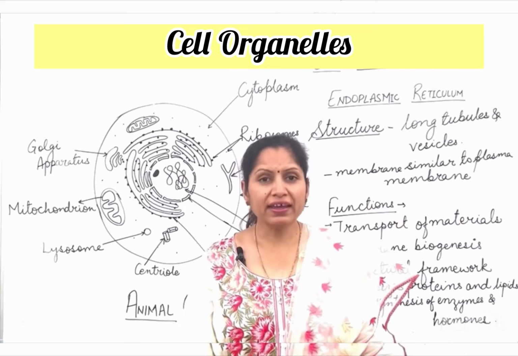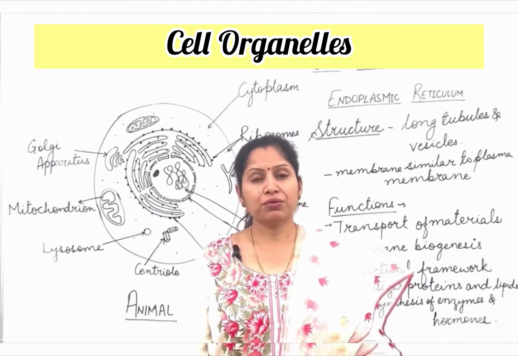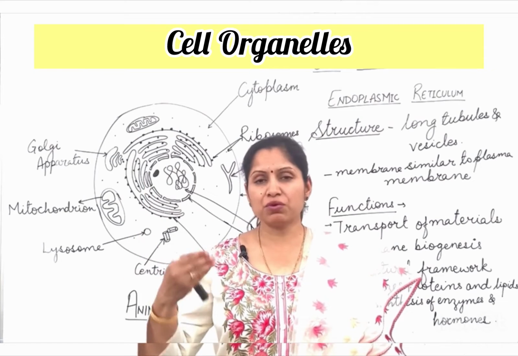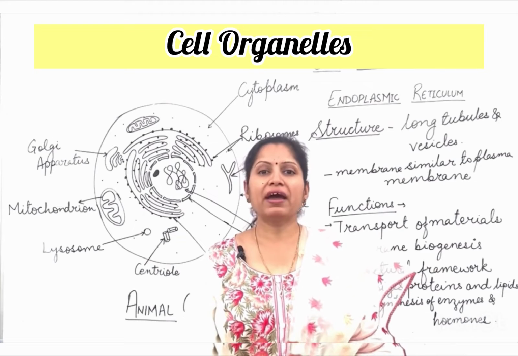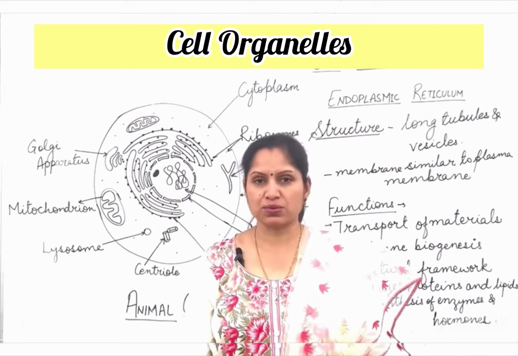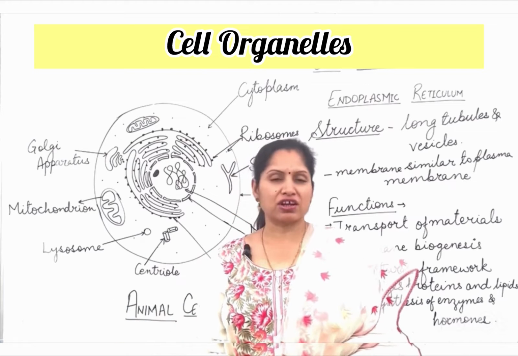That is why every cell can be said to be a functional unit, because every function performed by an organism as a whole could be performed by each and every cell as well. That is why we call a cell a structural and functional unit.